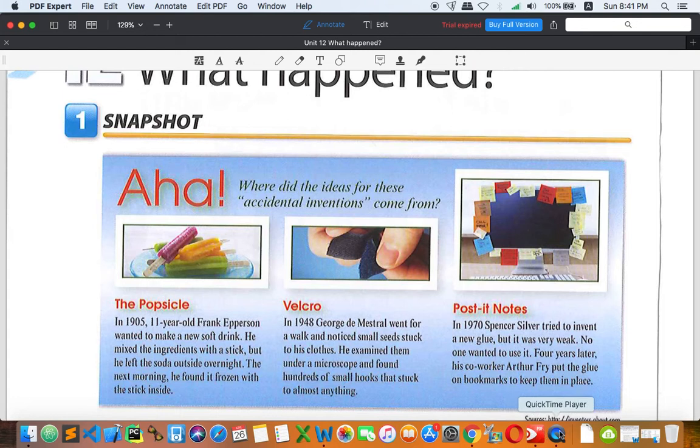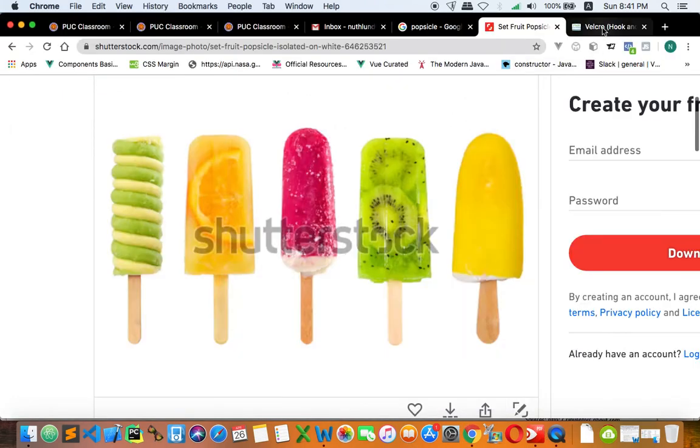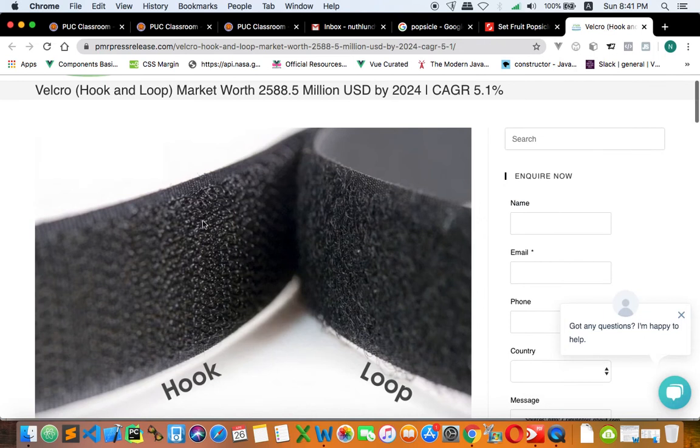Let's see what Velcro exactly is. This is a hook, and this is a loop. I think you know that, right? When we put two of them together, it's going to be sticky. He just happened to take a look at that.